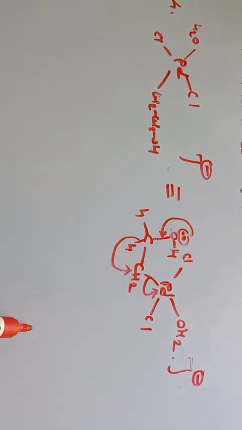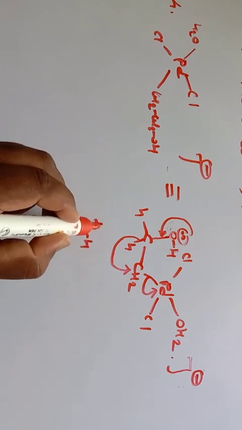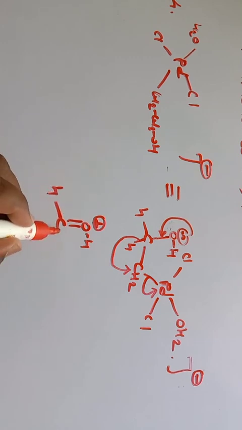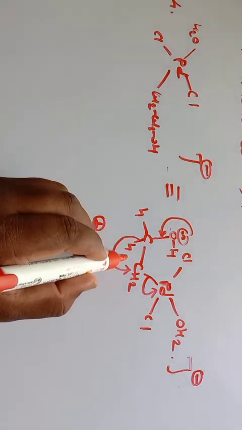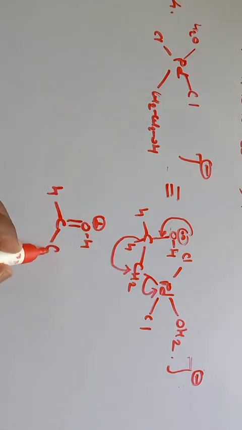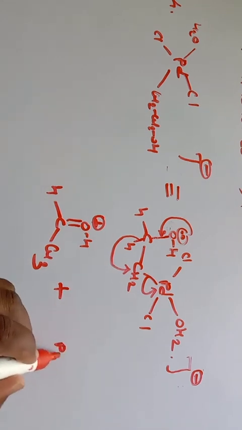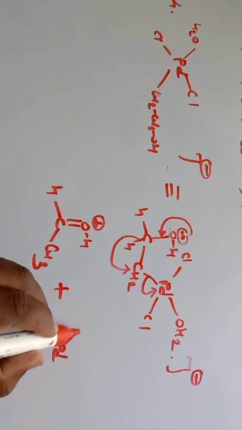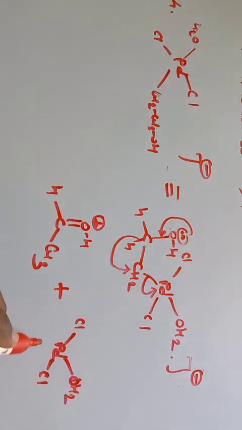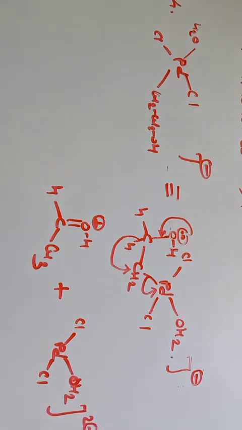So what you get in this case is OH having a positive charge, then this carbon having hydrogen, and after removal of this hydrogen from this carbon, it is attached to this carbon, that is we get here CH3. And we get here Pd having Cl, one water molecule, and there is a net negative charge, so there should be a -2 charge on this species.